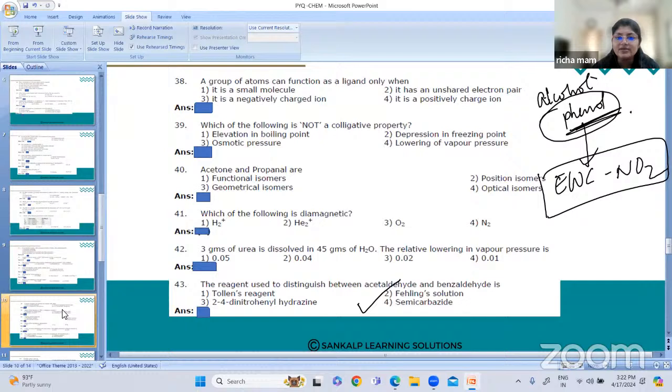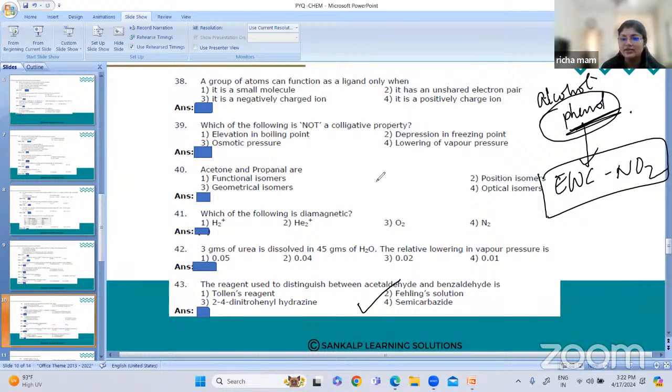A group of atoms can function as a ligand only when: one, it is a small molecule; two, it has an unshared electron pair; three, it is a negatively charged ion; four, it is a positively charged ion.